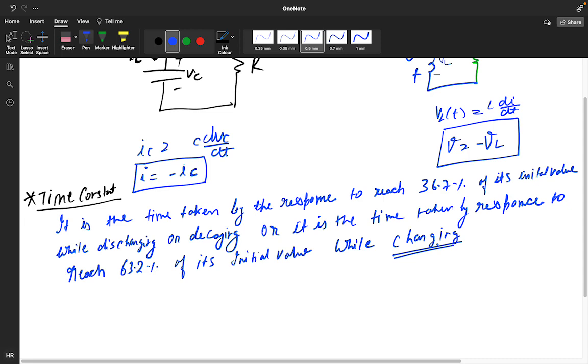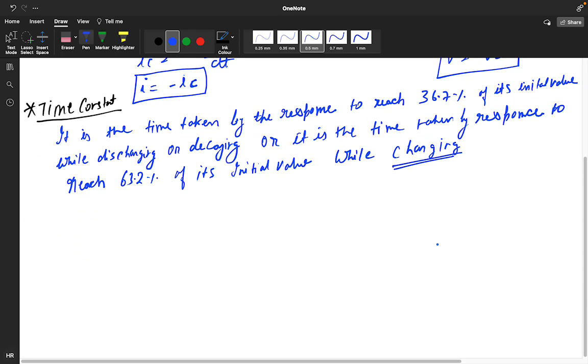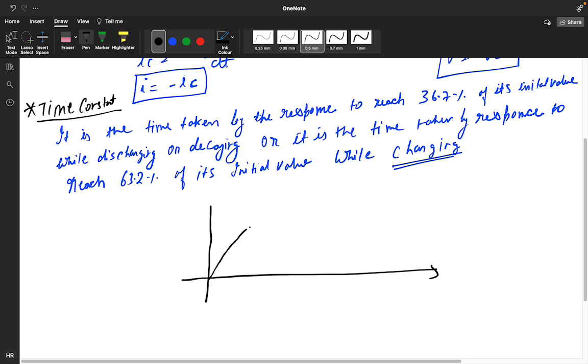Okay, so charging, discharging, you understood? What is charging and what is discharging? This is my charging, and if I want to tell you about discharging, it will discharge like this. Regarding charging, what is the time constant?